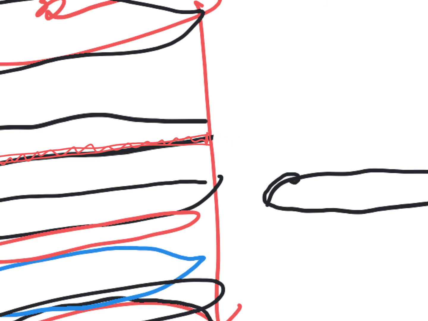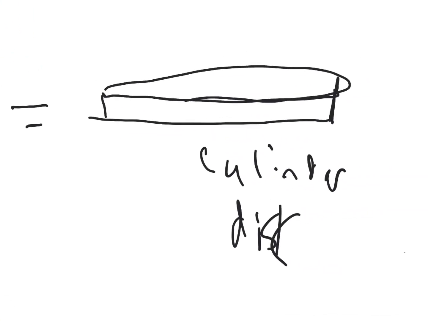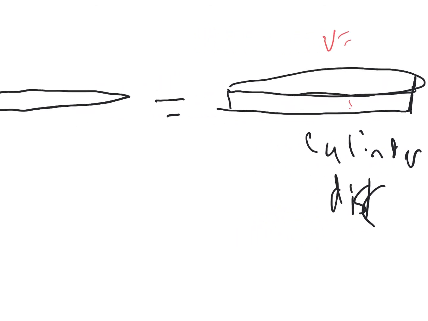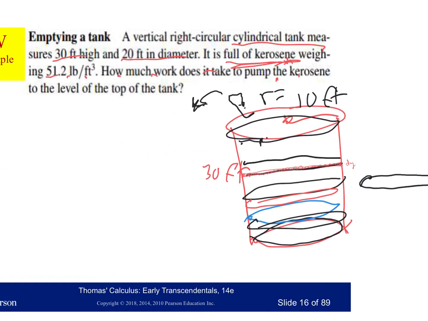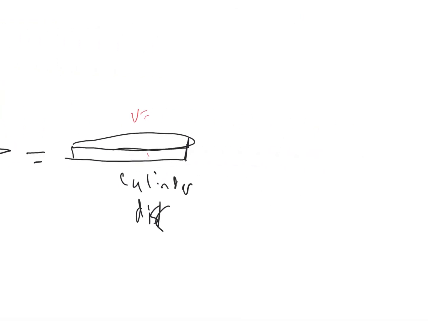That disc of oil that I have written here has a thickness. The height of that cylinder is dy. When I talk about the volume, because every cubic foot of oil weighed, was it 52.3? No, 51.2 pounds per foot cubed.